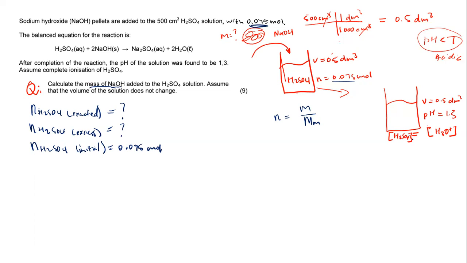Now, we're going to calculate the concentration of H3O plus ions using the very same pH. This concentration will help us determine the concentration of H2SO4 in excess, or the concentration of H2SO4 left after the reaction has been completed. So how are we going to do that? Now let's perform calculations.